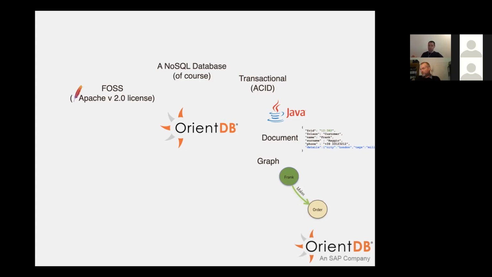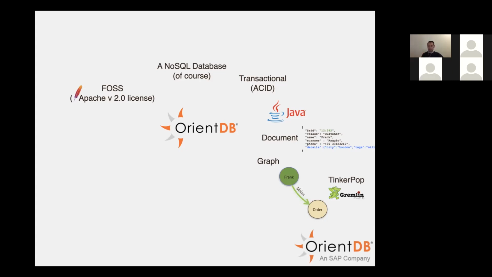And we will see that we're not talking about symbolic references or foreign keys. We're talking about physical connections that make graph traversal extremely efficient. So you'll have an excellent performance when traversing hundreds or thousands of relationships in depth.